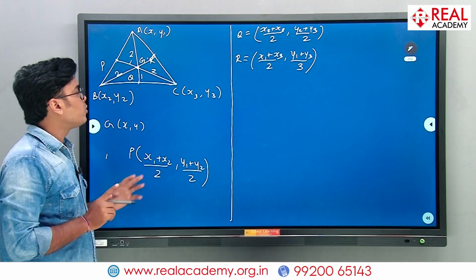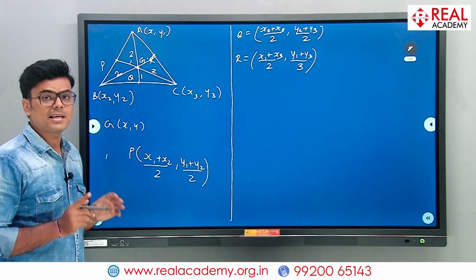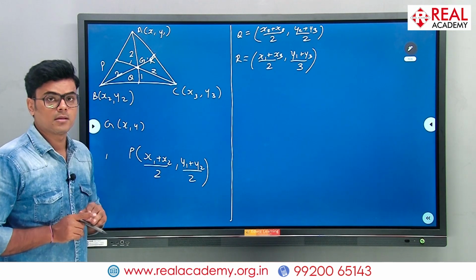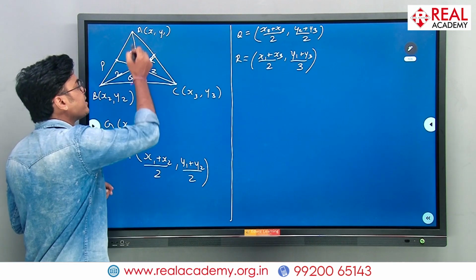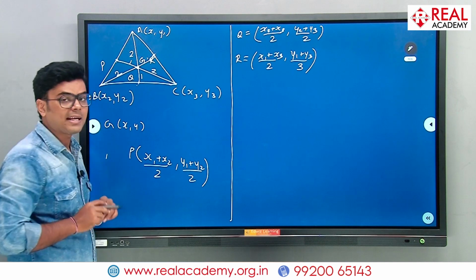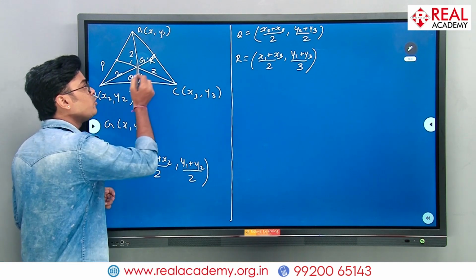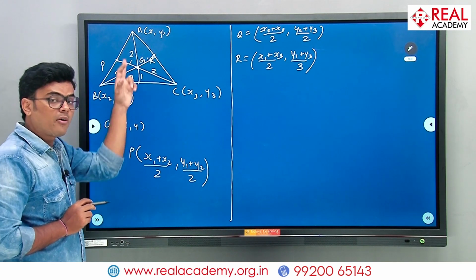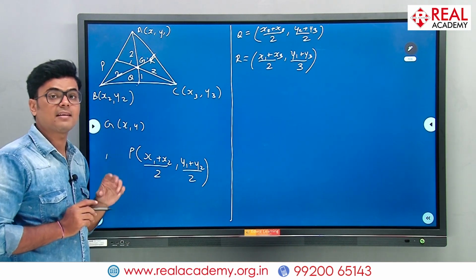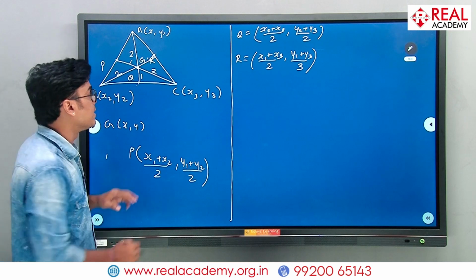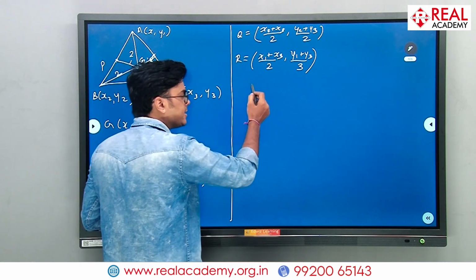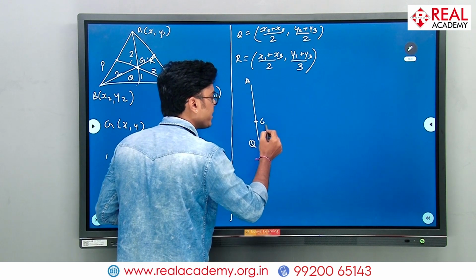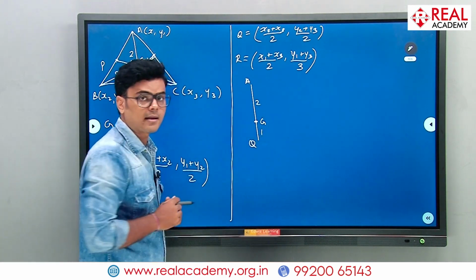So all you need to do to find the centroid is apply the section formula on any one of the medians. Okay, so if I talk about this median AQ, let us apply the section formula. We need to find point G, correct? Point G is the point of section of AQ and it is dividing the line segment in the ratio 2:1. If I take it outside, see this median AQ, point G is dividing it in the ratio 2:1, correct?